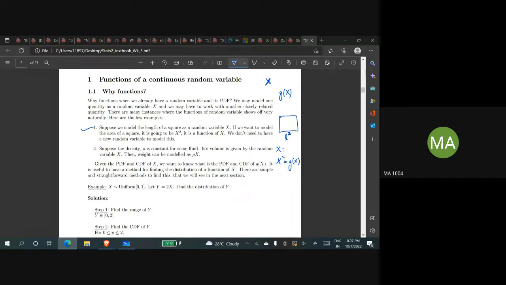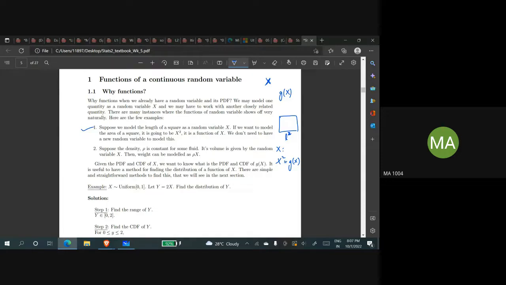If you know the random variable x, its PDF and CDF, you can easily find the distribution for the function of the random variable. So you don't have to define it as some other, different random variable.